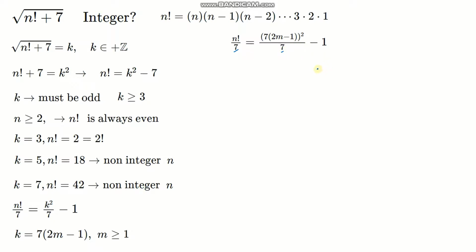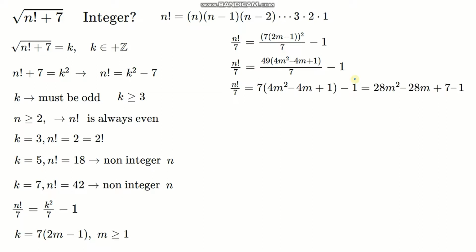So squaring, we have n factorial over 7 equals 49 times 4m squared minus 4m plus 1, all over 7, minus 1.